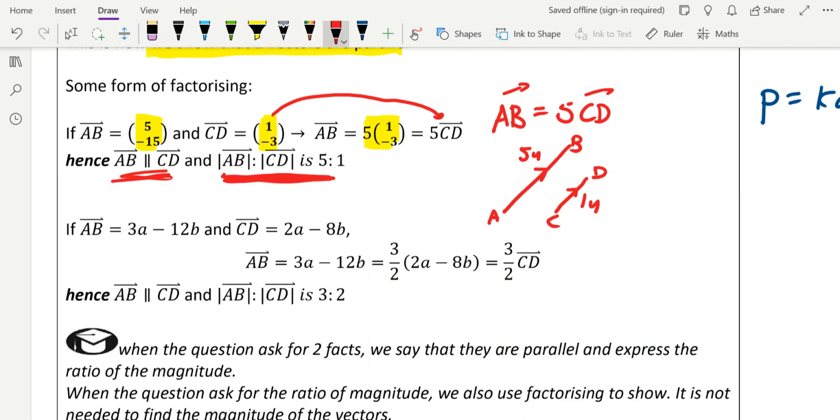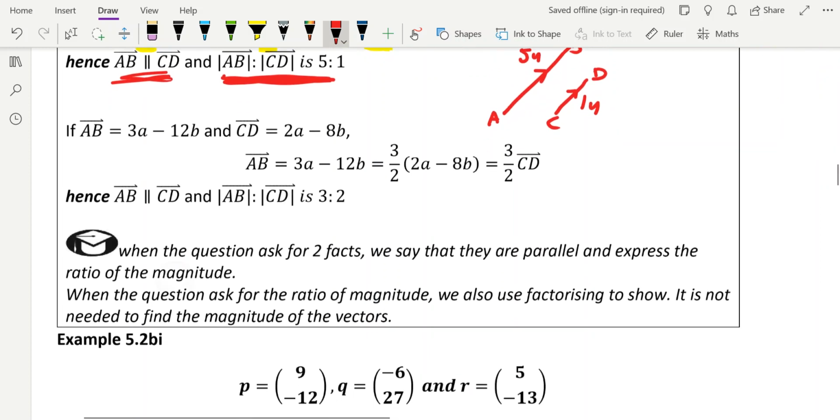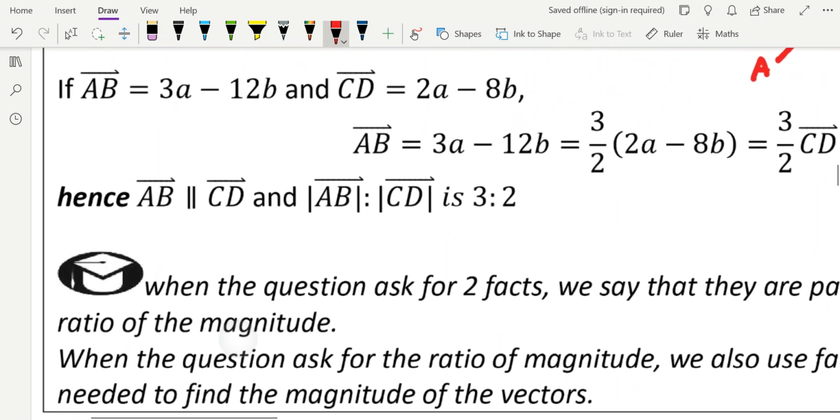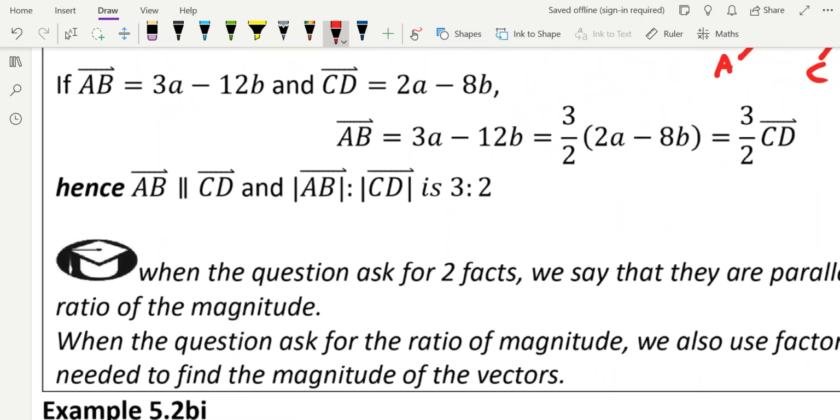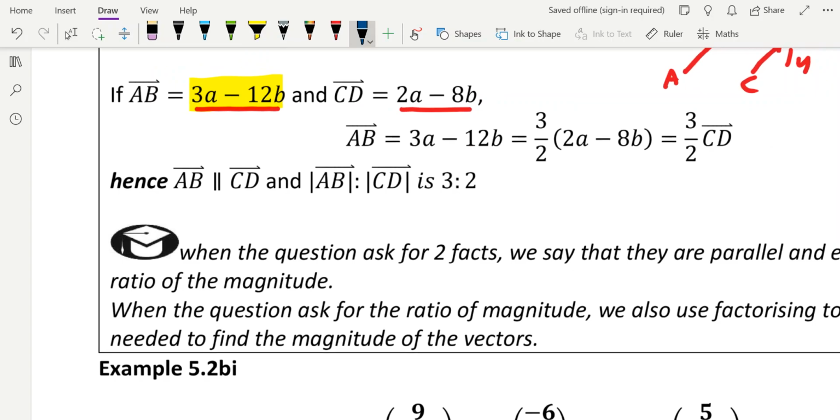Vectors can also be expressed in A plus B form, or A minus B form, or P plus Q, P minus Q form. Same thing. I have AB is equal to 3A minus 12B, and CD is equal to 2A minus 8B. Of course, I know that 3A minus 12B is bigger. So I need to make it mathematically equal, assuming that I do not know the constant.